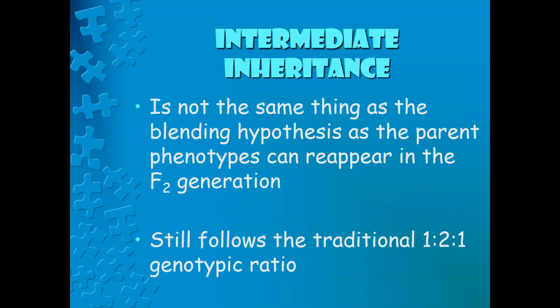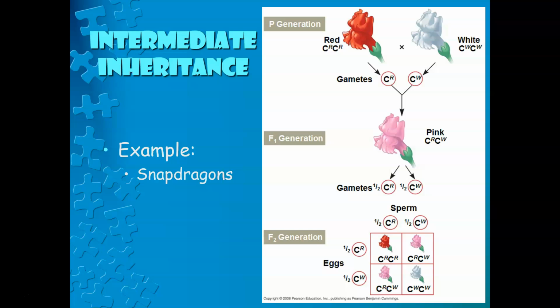So a lot of times you'll come across expressions, and actually I'll come back to this slide. This is a great example, and this is the classic one that gets used all the time, where we look at things like snapdragons, or 5 o'clock flowers are another one that does the same thing.